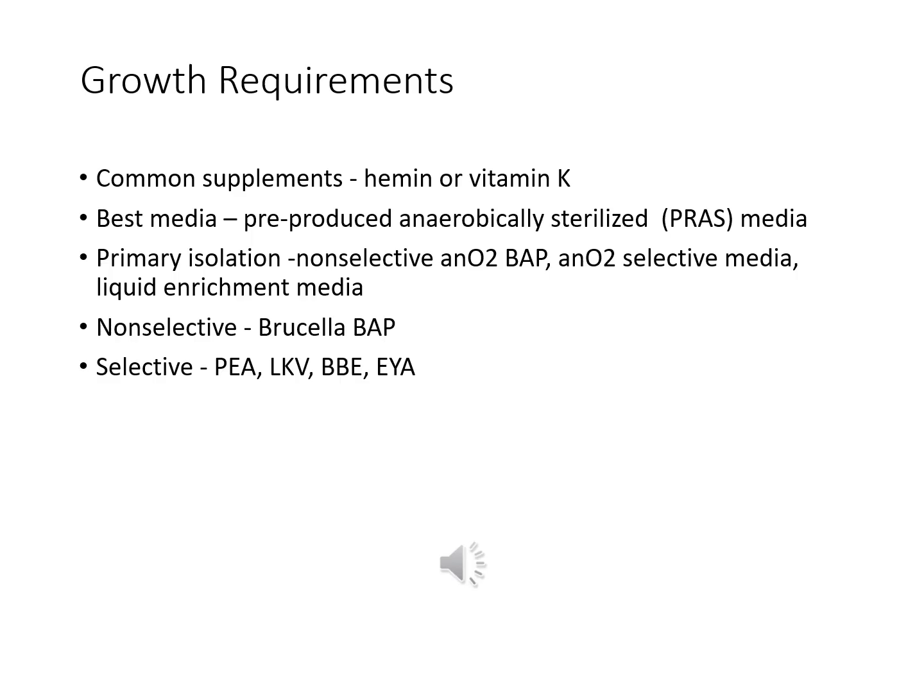Typically there is some type of anaerobic selective media and oftentimes liquid enrichment media as well. For non-selective, we could use Brucella blood agar plates, and for selective, and again, these are all for anaerobes, we have PEA, LKV, BBE, which is Bacteroides bile esculin, and EYA, which is egg yolk agar.